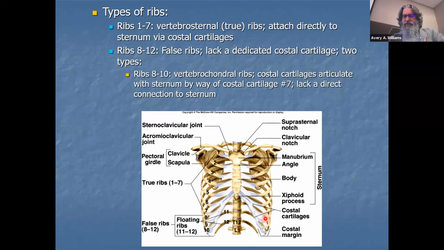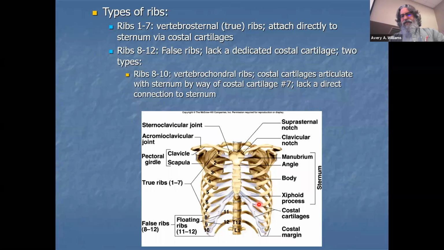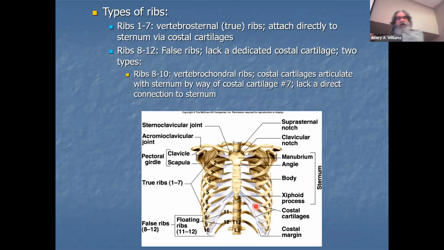8, 9, and 10 come together, fuse, and form one cartilaginous element that kind of piggybacks off the costal cartilage of rib 7. You see that? So it's between the vertebrae and the cartilage, as opposed to the vertebrae and the sternum.